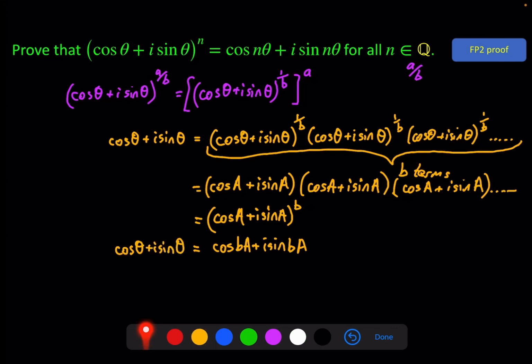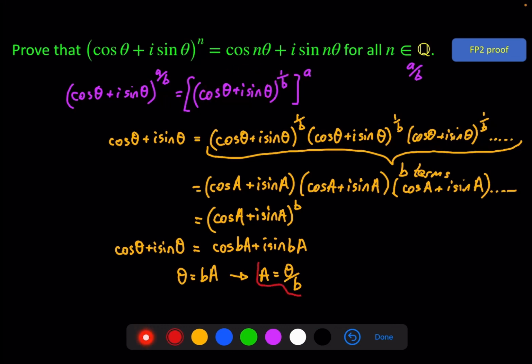And because the real part here and the imaginary part both have to be equal, we can confidently say that theta is equal to ba, which tells us that a is equal to theta over b. And if a is equal to theta over b, then here cos theta plus i sine theta to the 1 over b equals cos a plus i sine a is telling us that this will come down as a multiplier inside with theta.